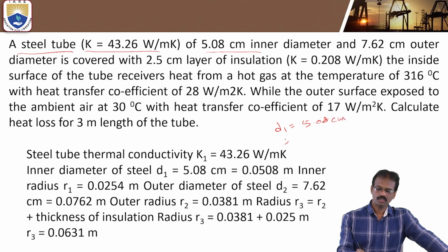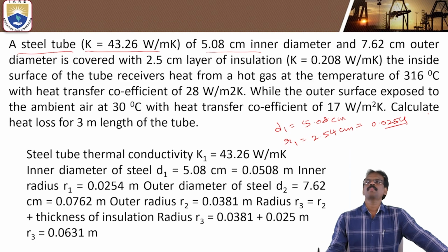So R1 is equal to 2.54 centimeters converted into meters, that is 0.0254 meters.